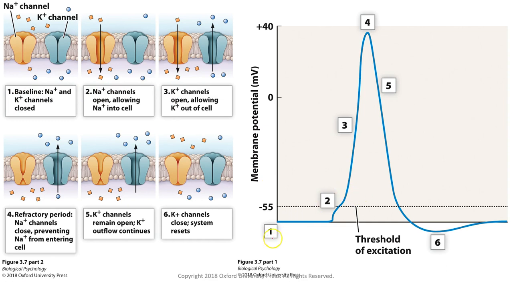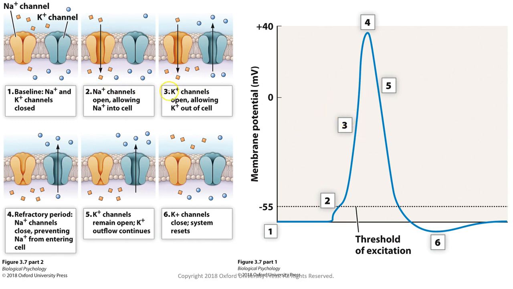So at 1, which is baseline at rest, voltage-gated sodium and potassium channels are closed. There's more sodium outside the cell, more potassium inside the cell. But when the threshold of excitation is reached, voltage-gated sodium channels open, sodium rushes in, making the inside more positive.